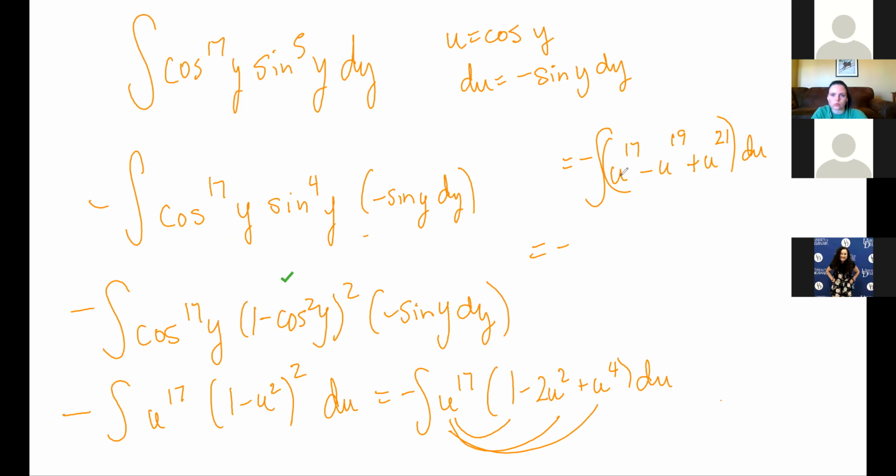This would be u to the 18 over 18, and instead of u, it was cosine. So should look something like that.